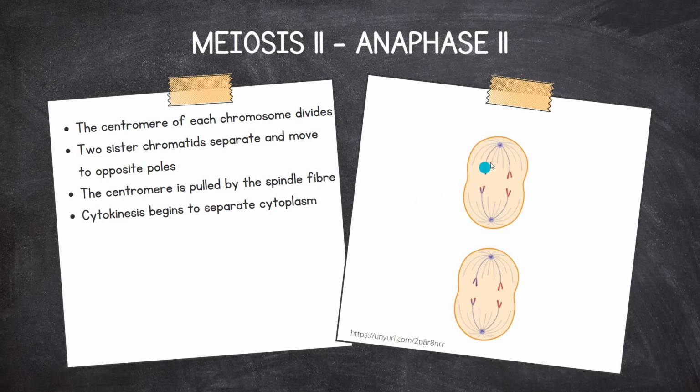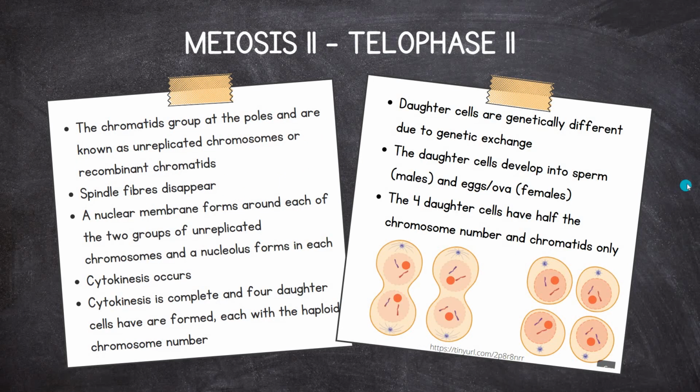So these fibers pull the centromere towards there. Remember, the centromere is the little circle in the middle that connects the two chromatids of the chromosome. Okay, and then cytokinesis begins to separate the cytoplasm, again visible by this little indent.